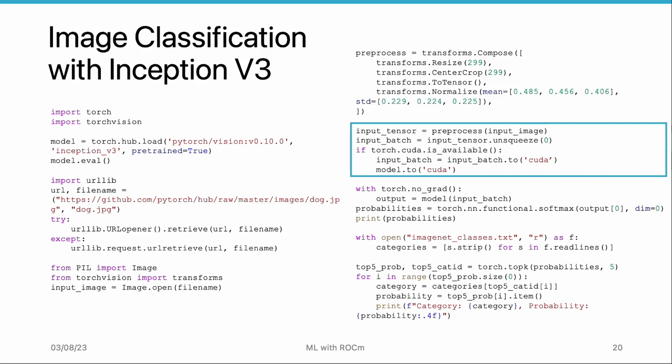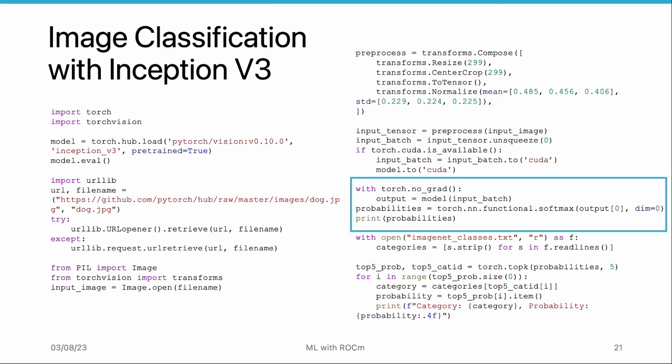This enables us to perform computations on the GPU, which can significantly accelerate the evaluation process, especially for large models and datasets. By transferring the input batch and the model to the GPU, we ensure that the model evaluation takes advantage of the available hardware acceleration, if applicable. This can lead to faster inference time and improved performance when working with deep learning models.